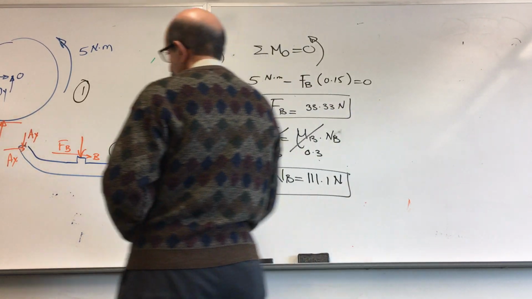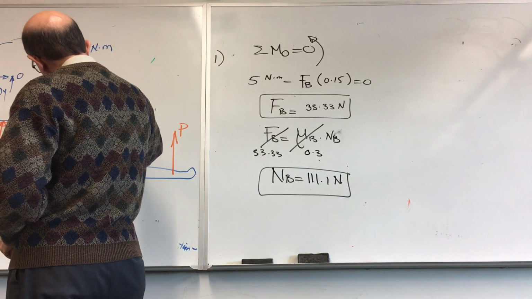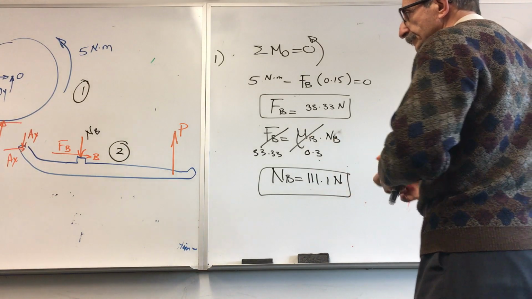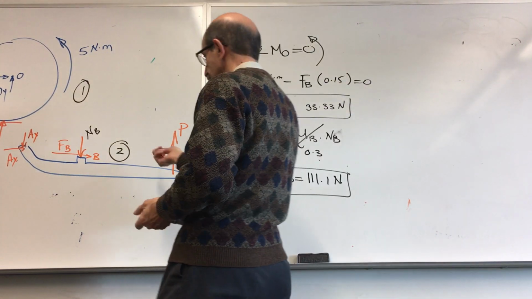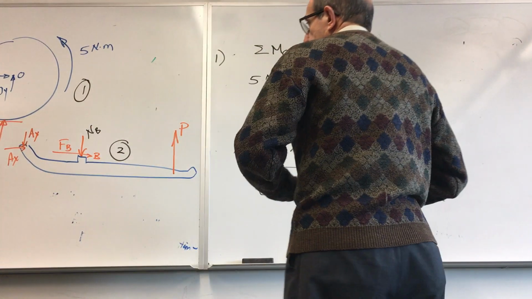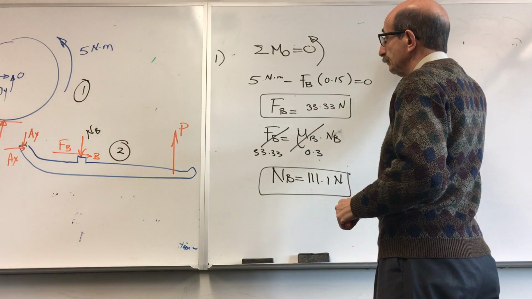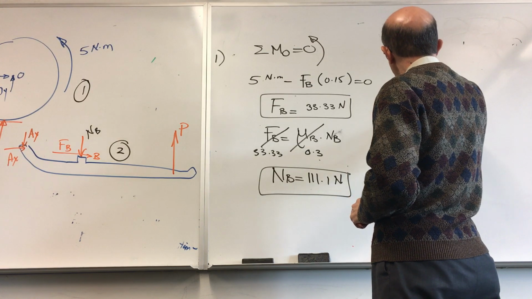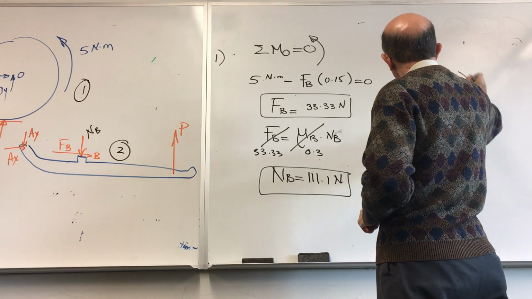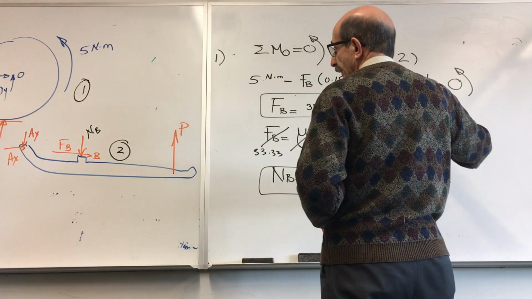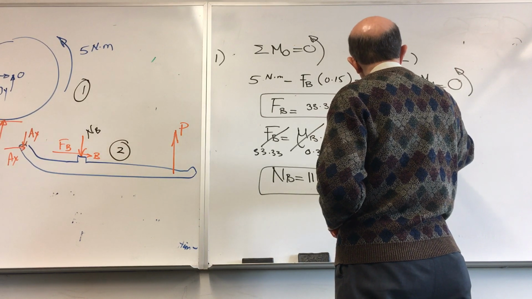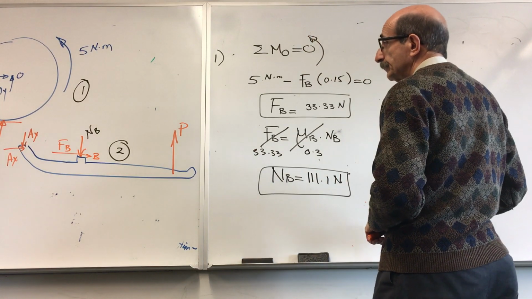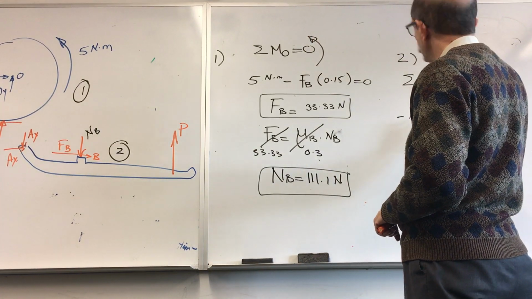So now I go to this diagram, based on that information, to find P. I will take, in the second free body diagram, summation of moments at A equal to 0. I have N sub B generating a negative moment times that distance 0.2.